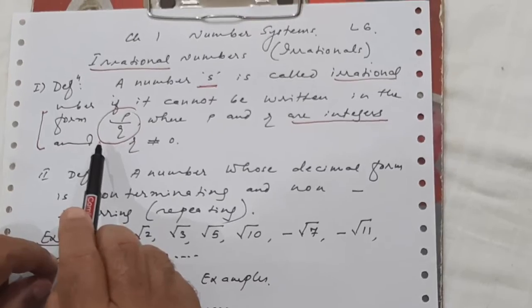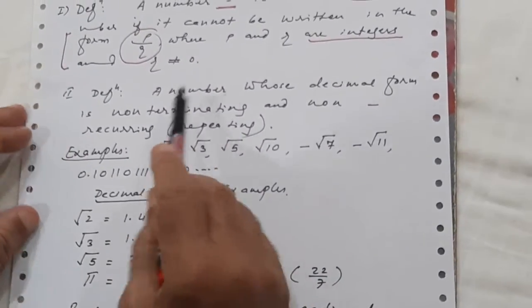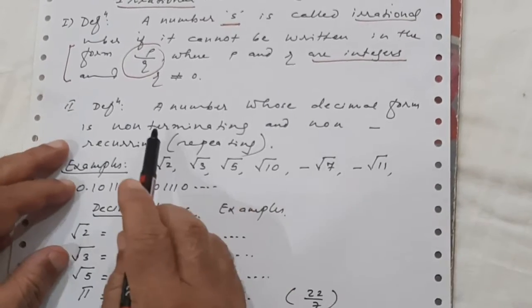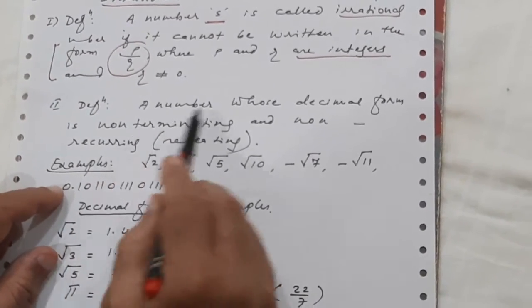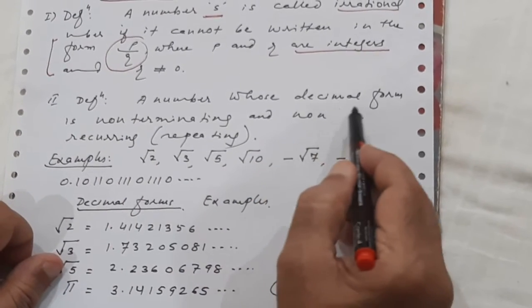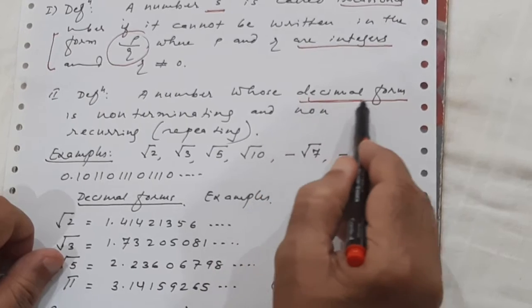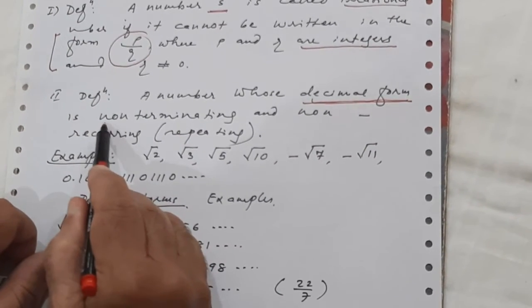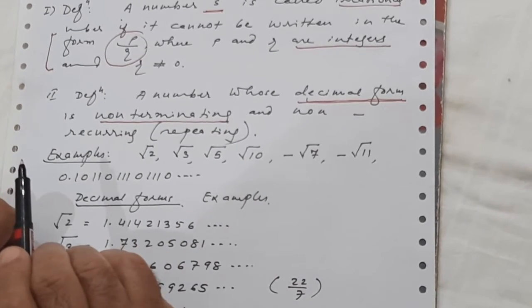Did you understand? Now there is one more definition, and it will make the meaning of irrational number very clear in your mind. So let us see. A number whose decimal form, see it properly, is non-terminating. Up to here it is the same for rational also.